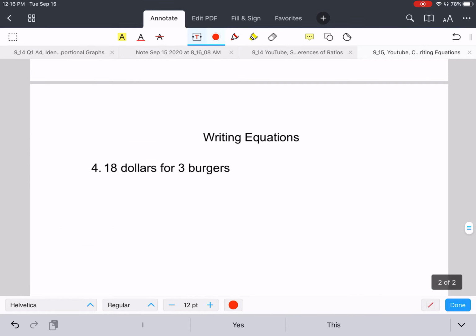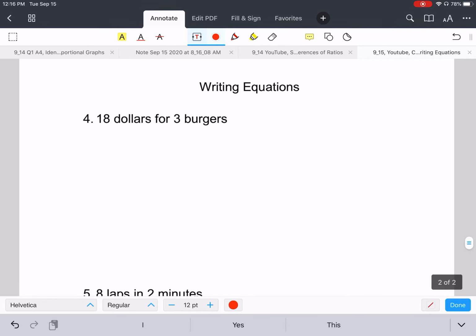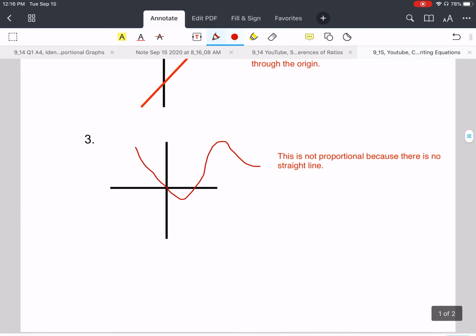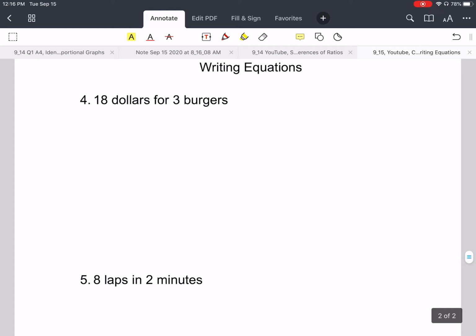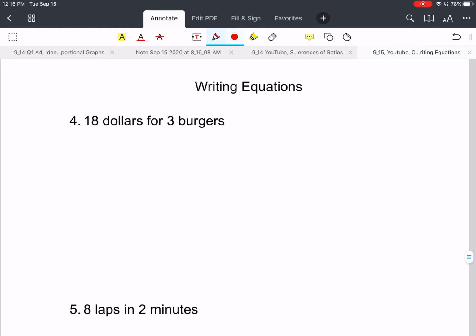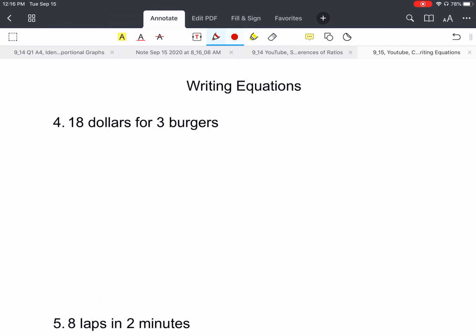Moving on, writing equations. These questions can be a little bit tricky just because there are 2 main options for each question. You and a classmate might have 2 different answers, but both be correct.